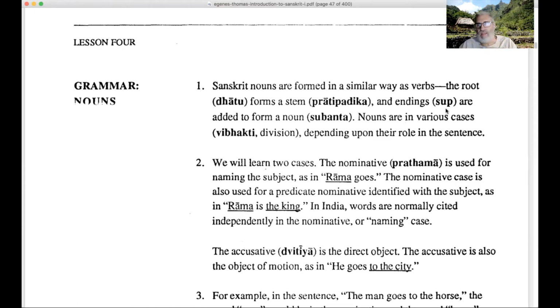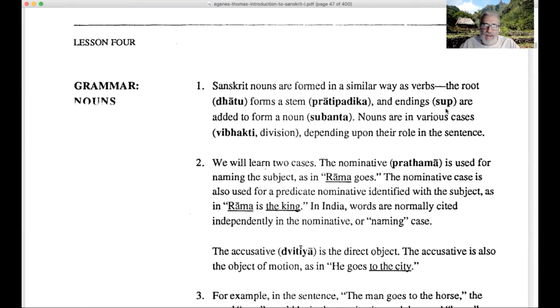All those endings together are sup. In fact, there's a sutra by Panini, suptinantam padam. Padam means a word. To make a fully declined or conjugated noun or verb, we have to add the proper endings. We add noun endings for nouns, and verb endings for verbs. So these noun endings are called sup by Panini. Don't worry about it too much.